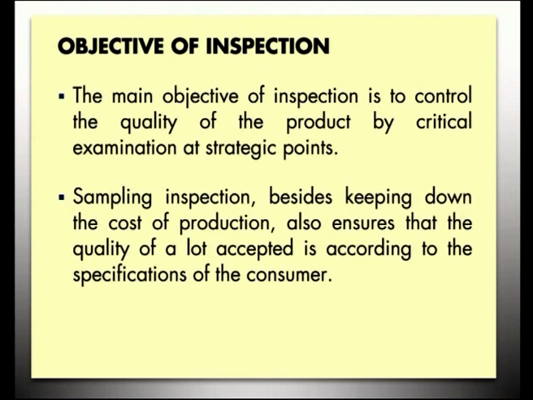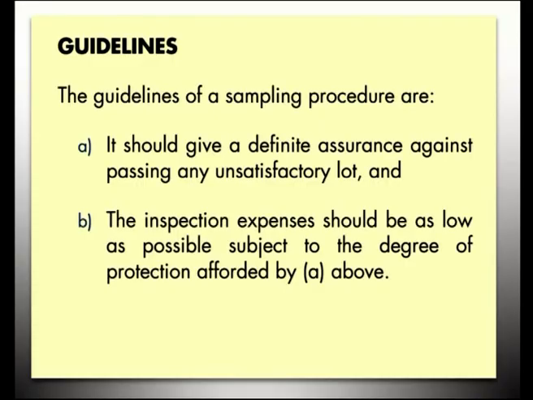So, what is the basic objective of inspection? The basic objective of inspection is to control the quality of the product by critical examination at strategic points. Sampling inspection, besides keeping down the cost of production, also ensures that the quality of a lot accepted is according to the specifications of the customer. What are the guidelines to be followed when you are inspecting?